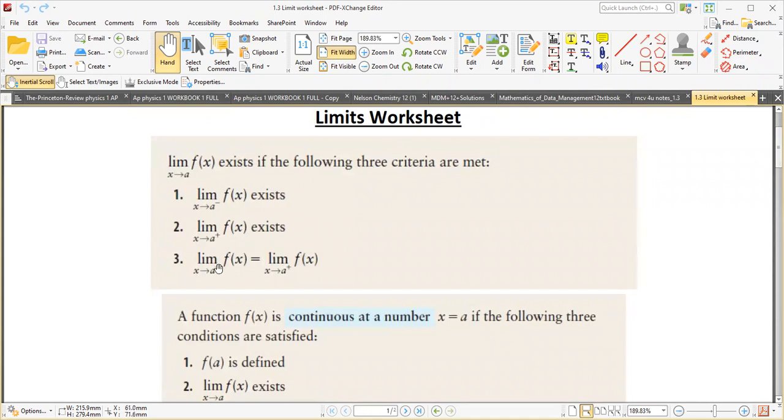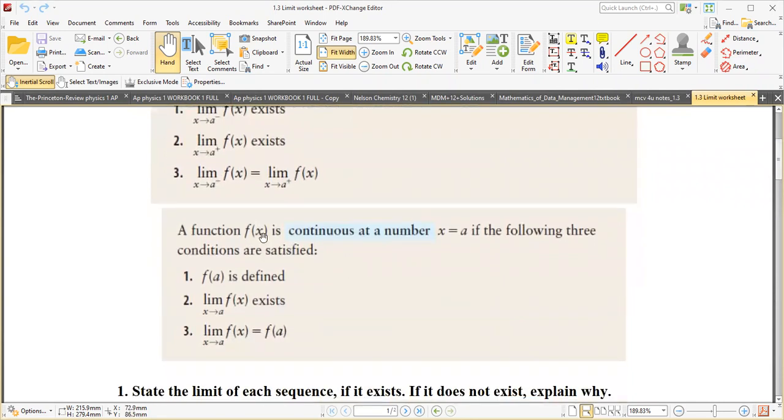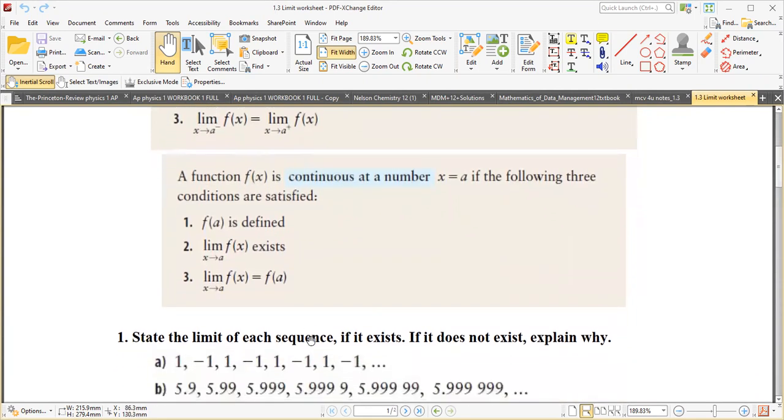If this criteria exists, the limit from right and left exists, means the limit exists, and we have limit. Otherwise, we do not have limit. The continuity: if your function at that point is defined, and limit exists, and the limit and the value of the function are the same, then your function is continuous.